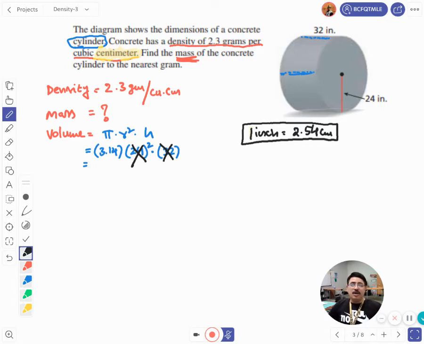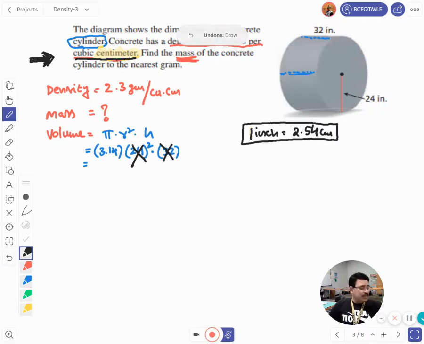But in the given question, the units are cubic centimeters. Therefore, whatever units are given in inches, I have to transform from inches to centimeters. Therefore, 24 inches are there.